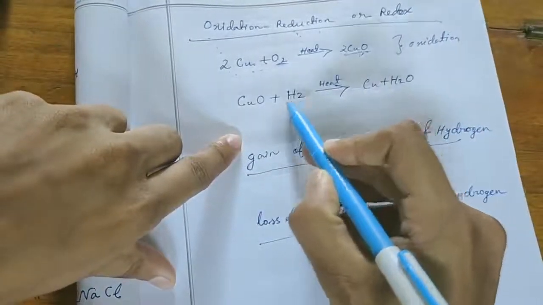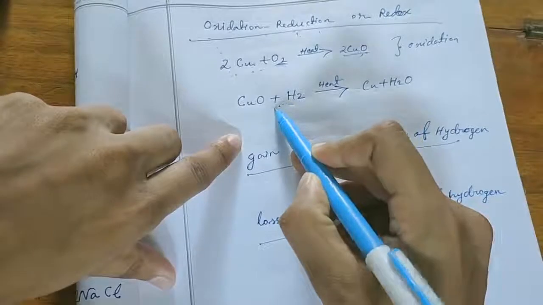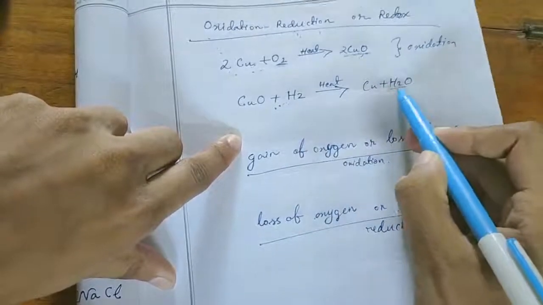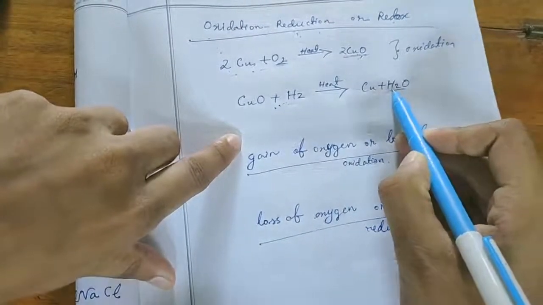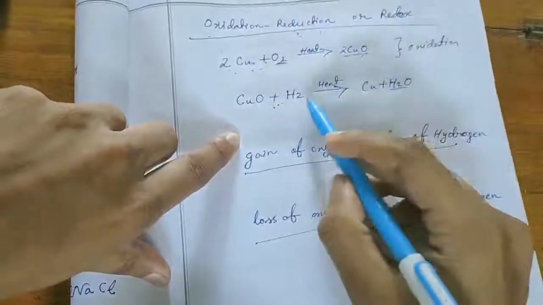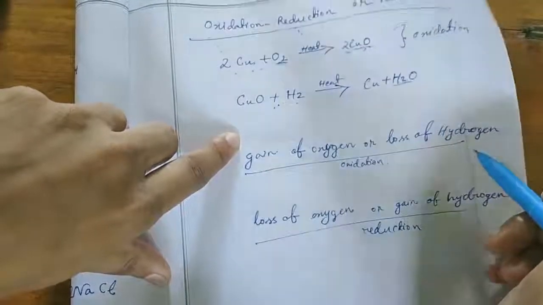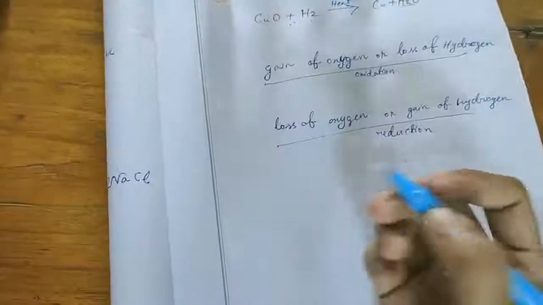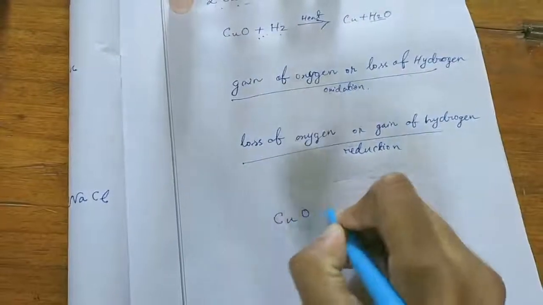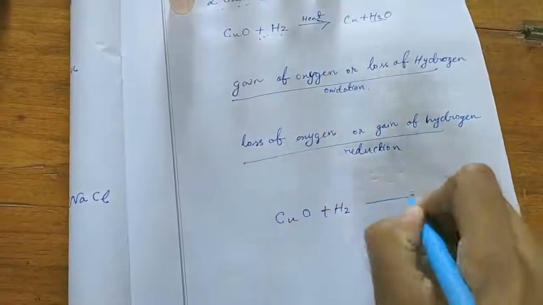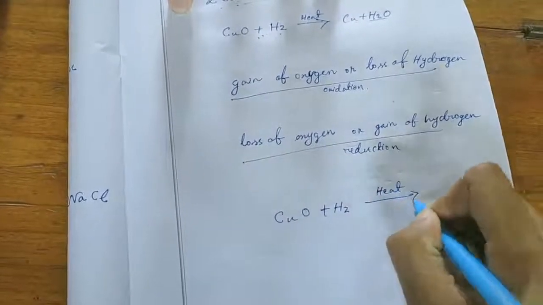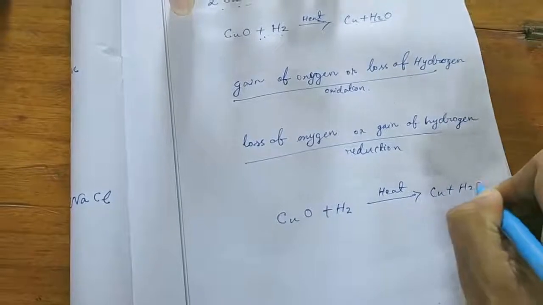So see in this reaction, hydrogen is added here, no? So we can say this is a reduction reaction. Now see, we will write the reaction again. CuO plus H2, with heat, gives Cu plus H2O.